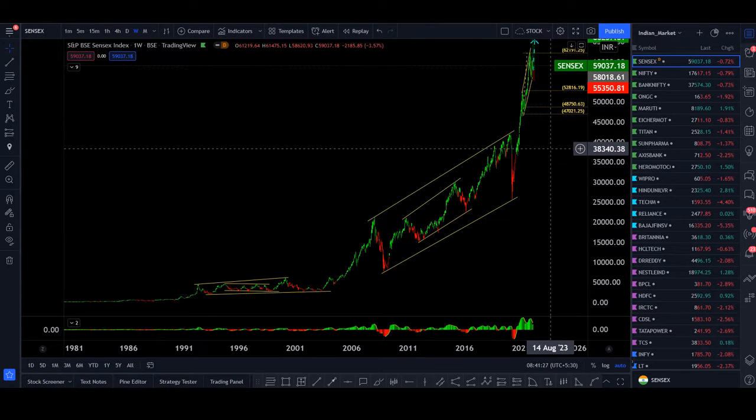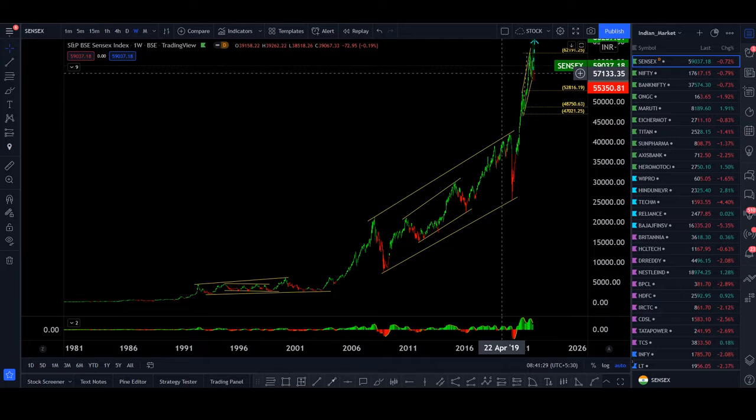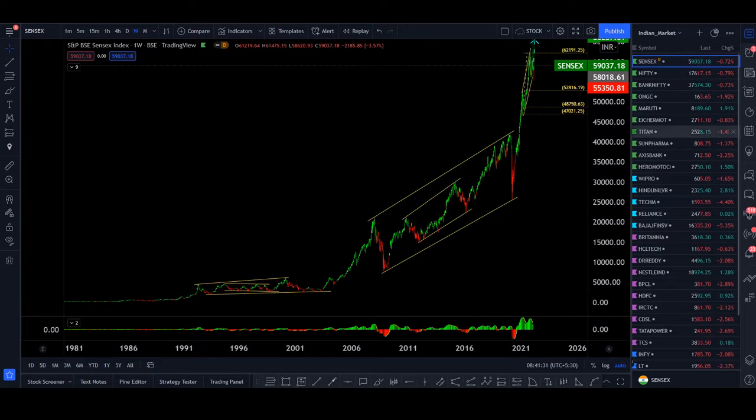Before going to the chart, let me explain the color coding in this watch list. All the greens are the ones which we are in a trade. The light blues are the ones which may have a trade setup coming soon.